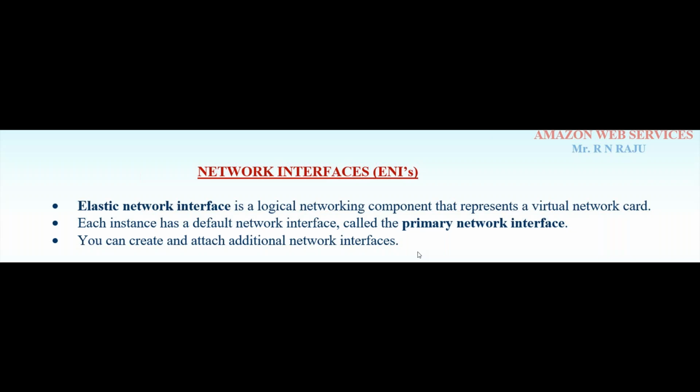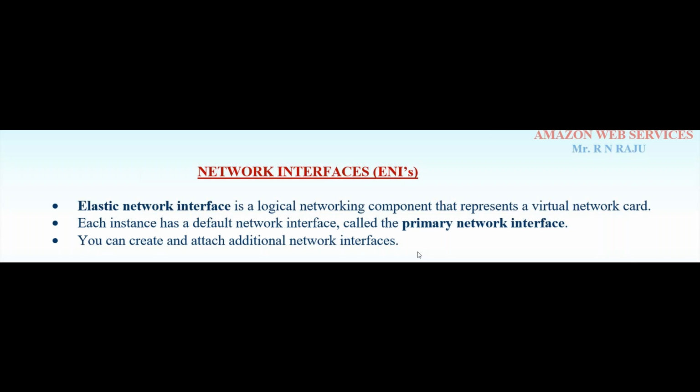You can create and attach additional network interfaces only. Generally, another name for network interface is NIC card, network interface card, but here ENI means elastic network interface. Every network interface has one logical IP address, so one public IP and one private IP address.